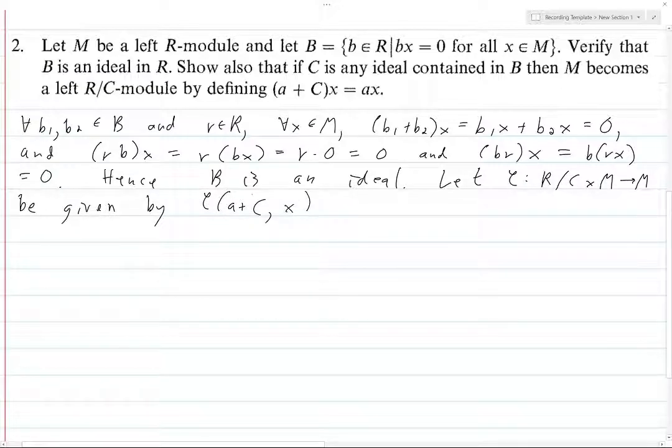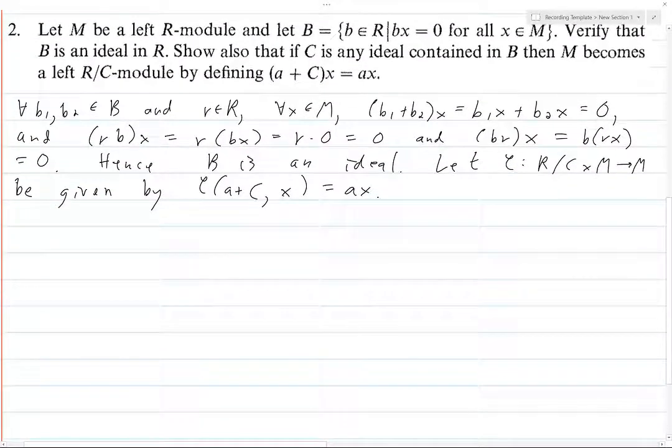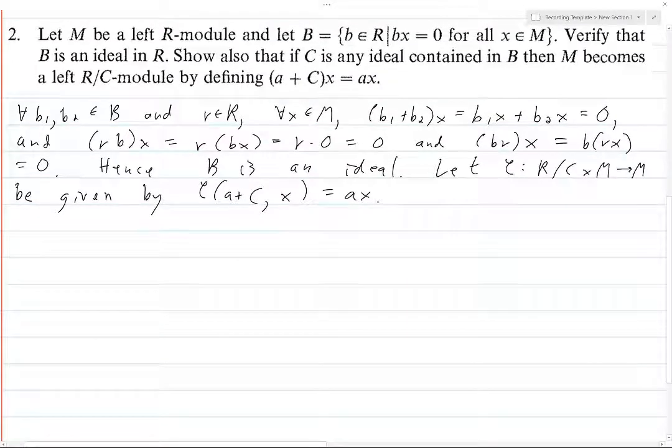This is, of course, additive; we're taking modulo with respect to the additive group. So this is going to be equal to ax, where the multiplication on the right-hand side of this equality is the action given by M as a left R module. So yeah, that's our map.